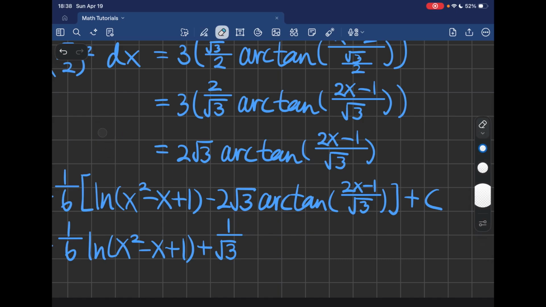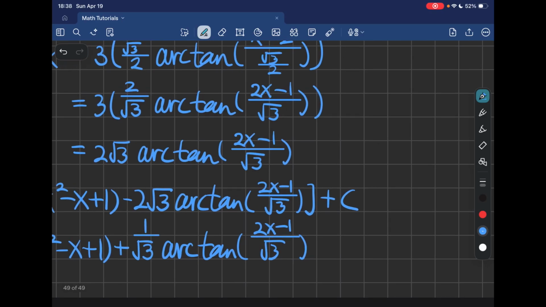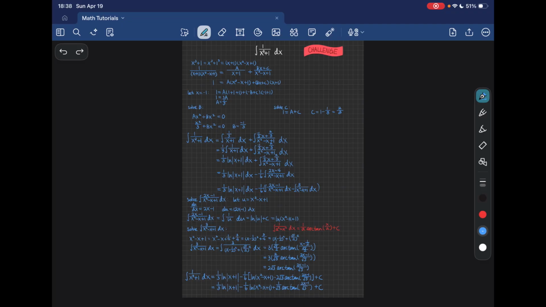So this and just arctan of that thing inside, plus C. You need to write plus C to score full marks, right? So that's the entire thing. It's quite long, right? But I think it's a really good practice.